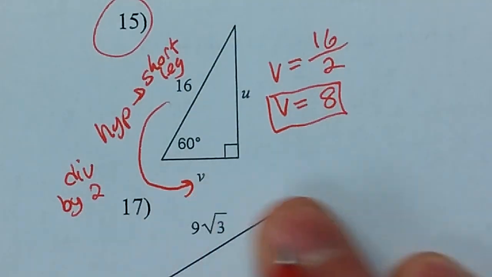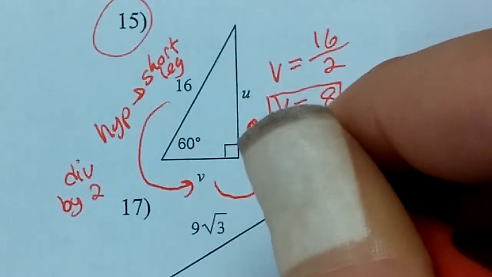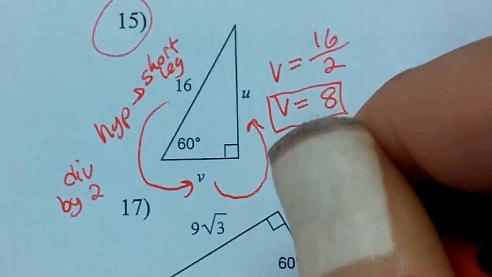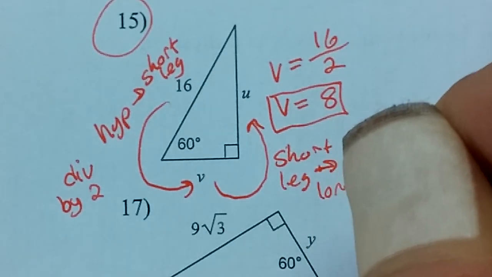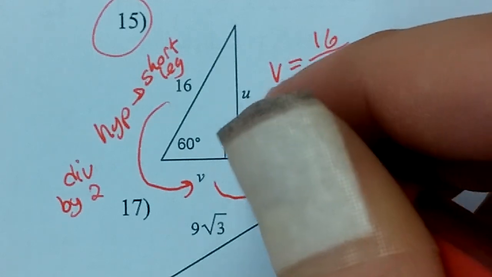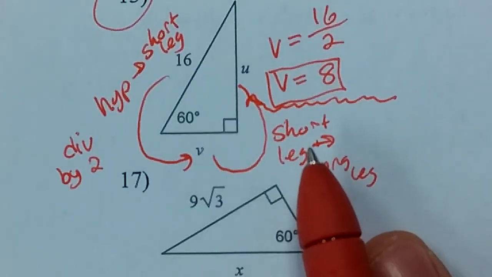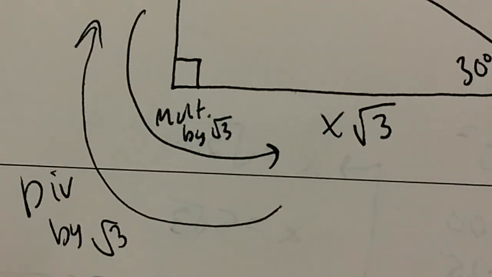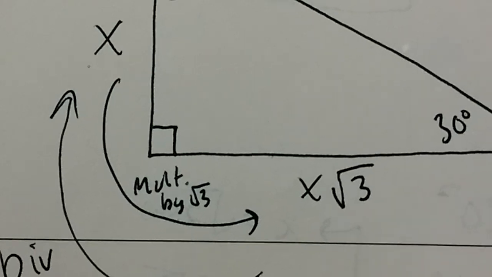Now, once you have found V, you still have one more side length to find. Now we're going from short leg to long leg. And again, the diagram from short leg to long leg right here is multiply by root 3.